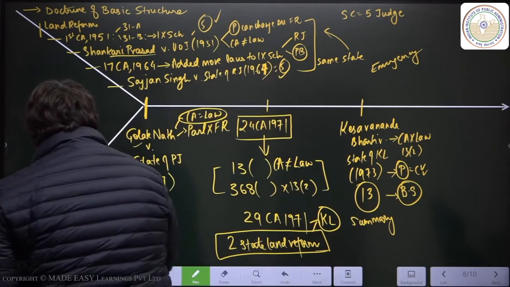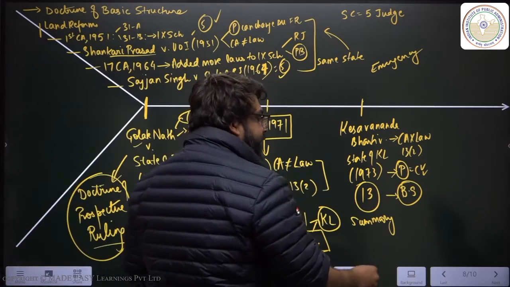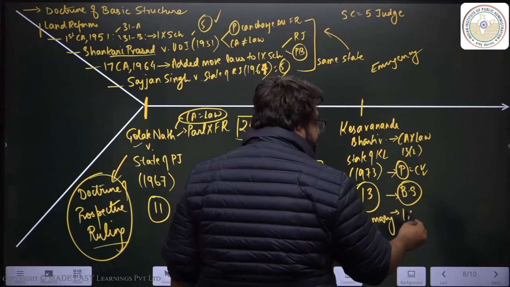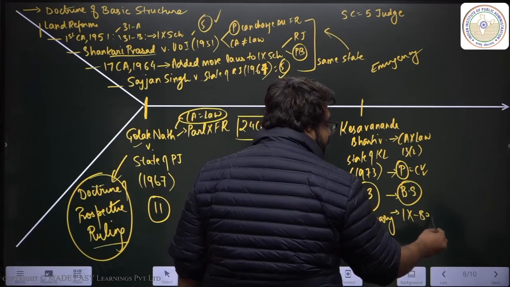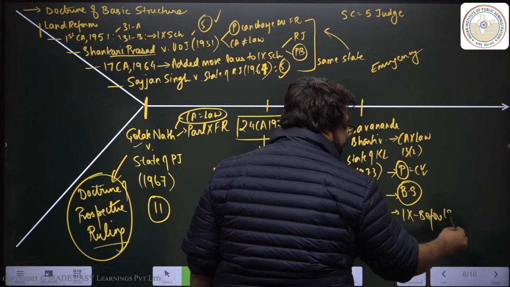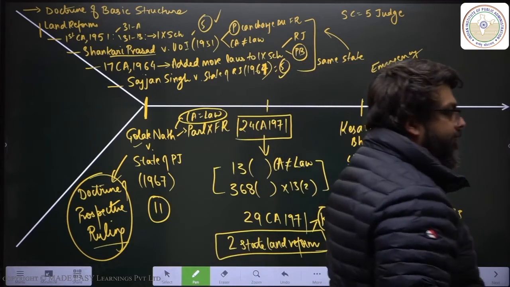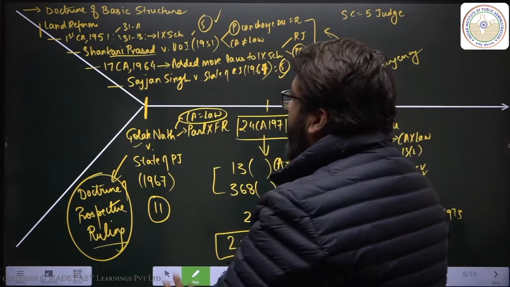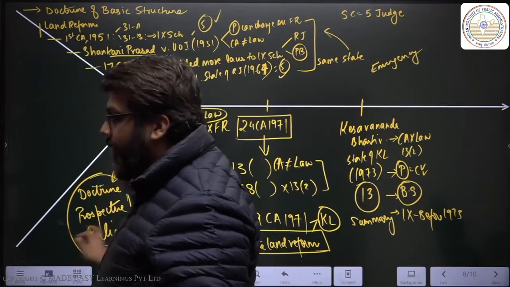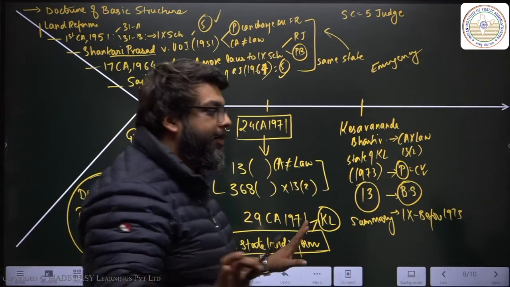Same doctrine of prospective ruling. Whatever has been added to the 9th schedule before 1973, fair enough, we will not touch, we will not challenge, we will not get into it.